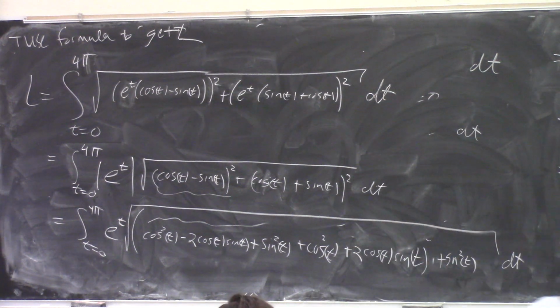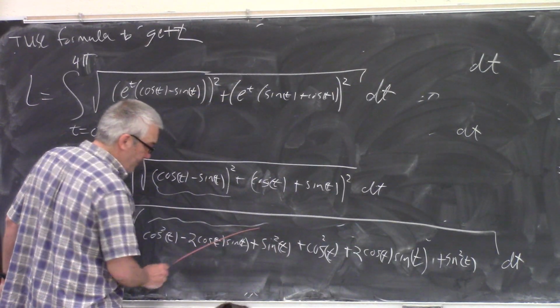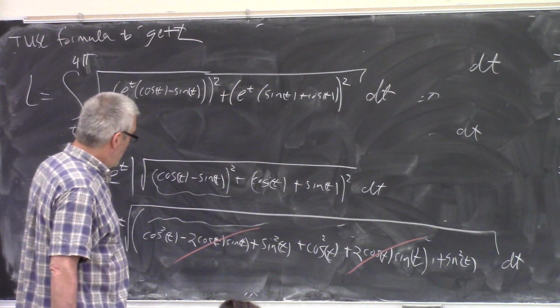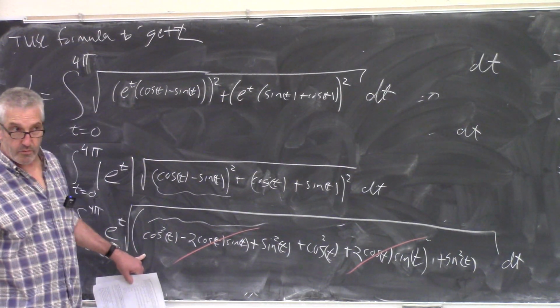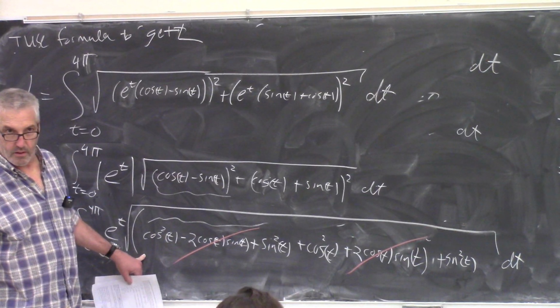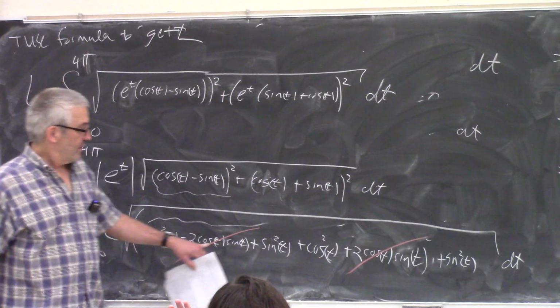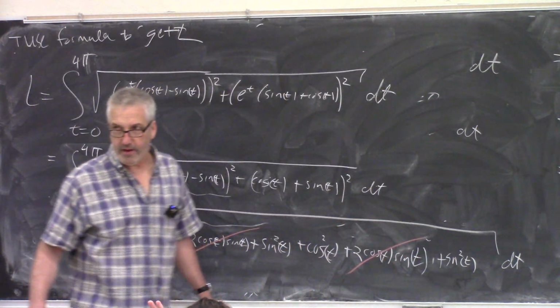Okay, so now look at this. I have a minus 2 cos t sine t there that cancels this plus 2 cos t sine t. Now, can anybody see anything else that can be simplified inside this square root? Let's get some new hands here. I've got cos squared plus sine squared plus cos squared plus sine squared. Can anybody think of how to simplify that?